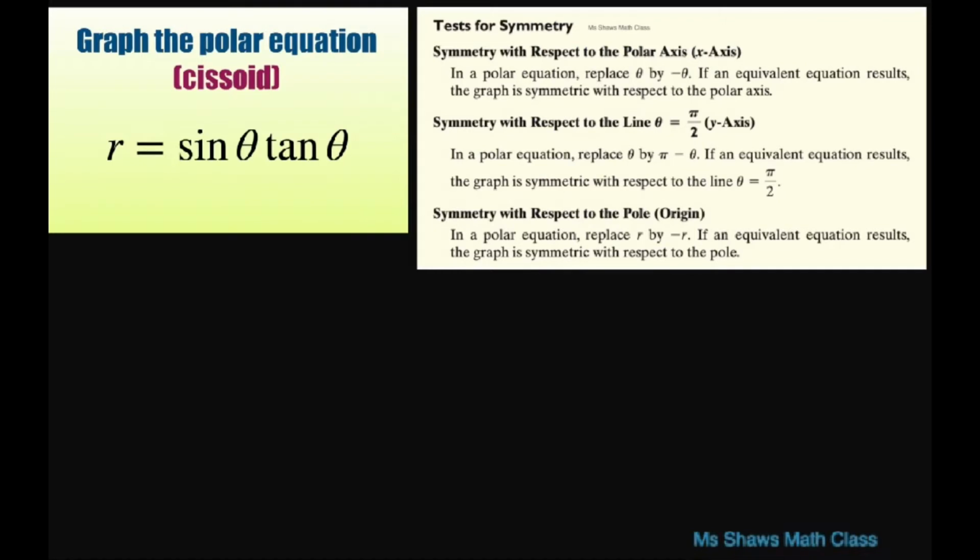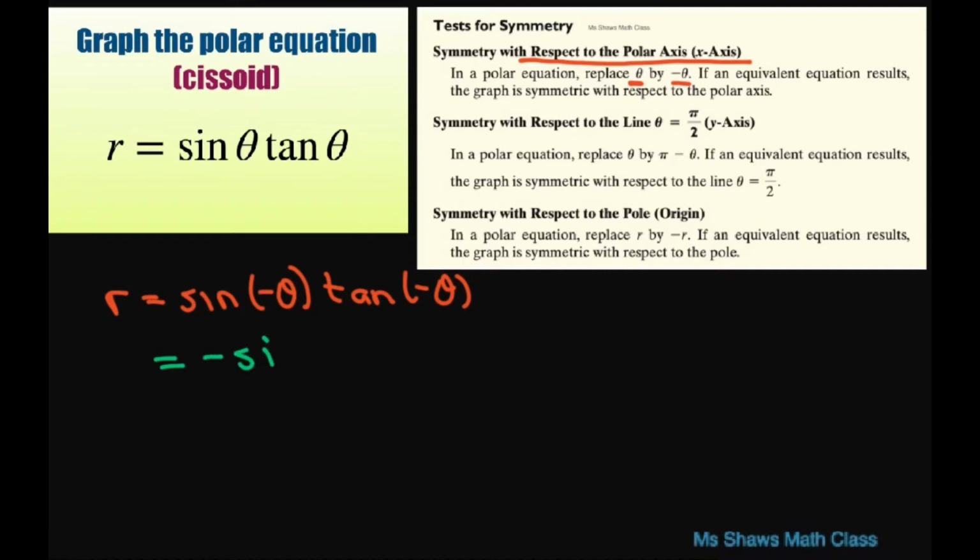The first test is to check for symmetry with respect to the polar axis. We're going to replace theta with negative theta. So we're going to write r equals sine of negative theta times tan of negative theta. Both of these functions are odd, so we can write this as negative sine of theta times negative tan of theta.